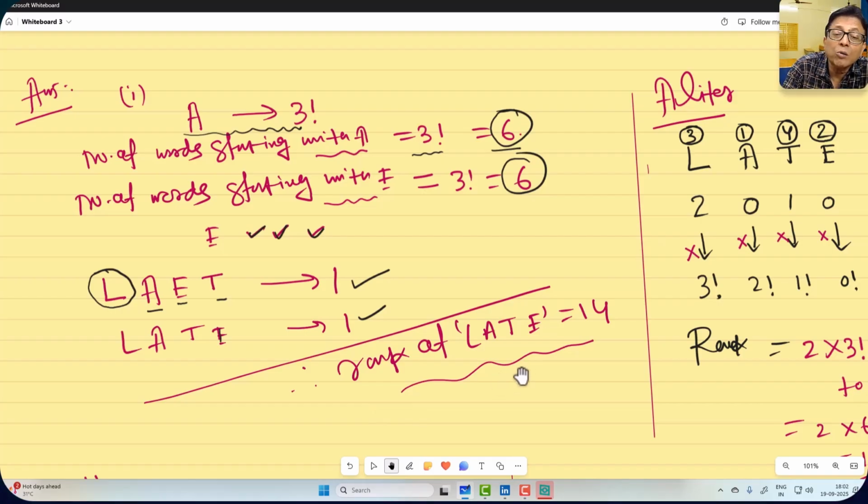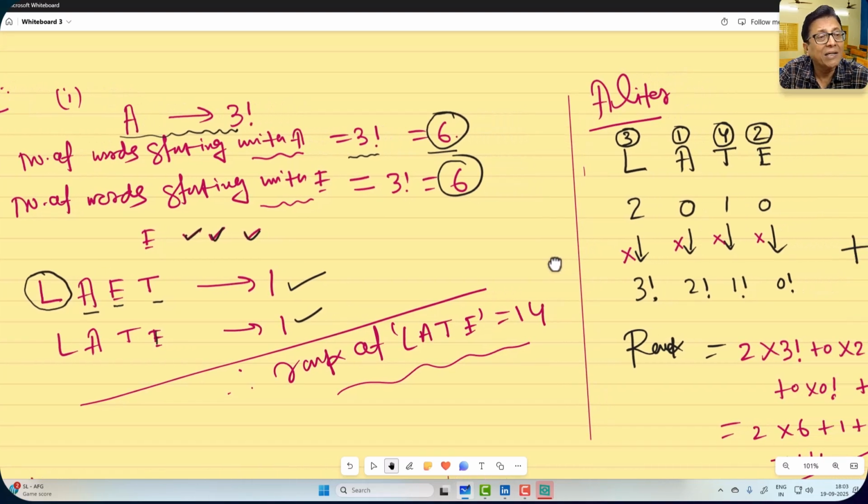So the rank of the word LATE, if you really start arranging, because I have taken a very simple example, you can find the 14th place easily. That effort you put there. But as we are using the concept of the fundamental principle of counting or permutation, I will be taking the help of counting in that manner only.